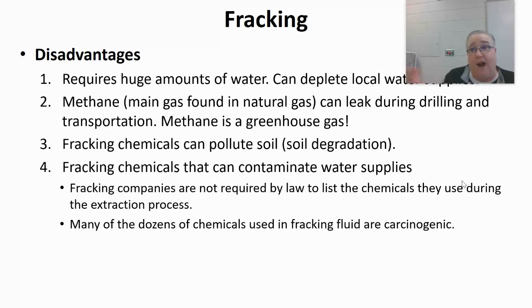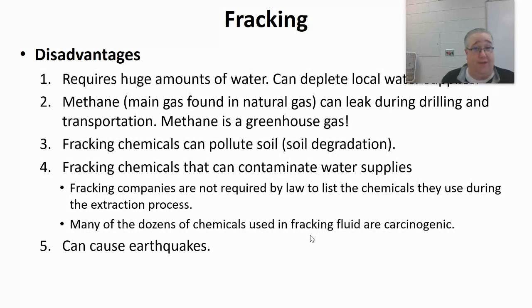They go out and they frack the rock and extract the gas, and then a bunch of people get sick, and nobody knows why. People can't prove that the fracking companies put these chemicals into the water because by law they don't have to disclose what's actually in their fluid. It's kind of crazy, but the movie that we're going to watch this week will get into that a little bit more in detail.